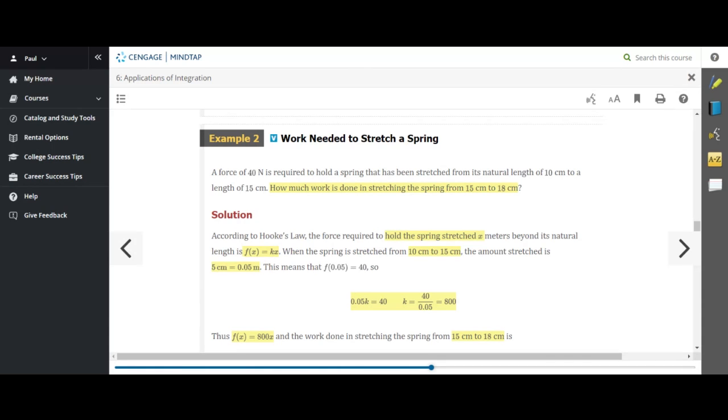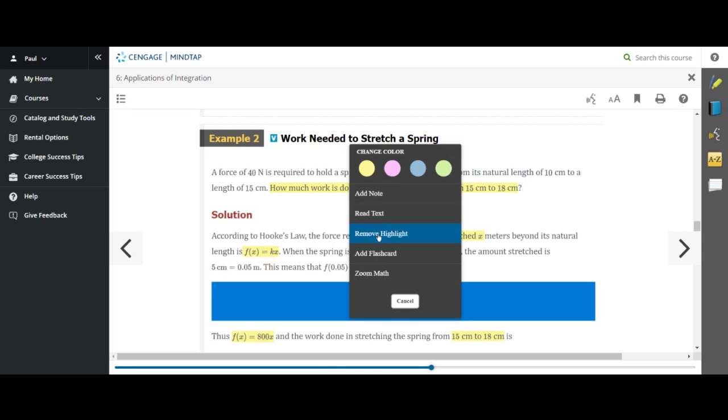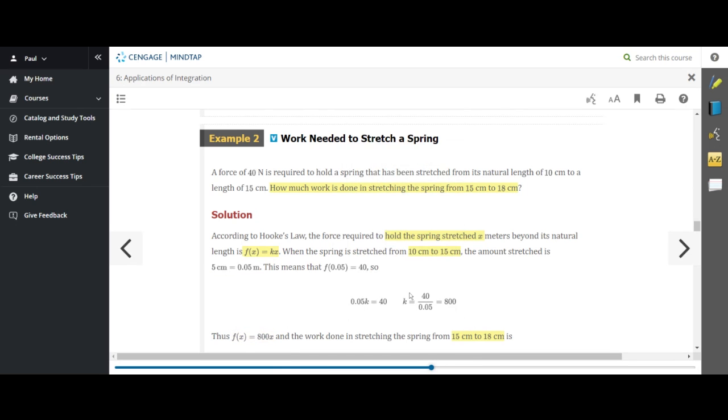But remember, you have to convert that 5 centimeters to 0.05 meters, right? How many centimeters are in a meter? 100. 100, okay, good, Maria.